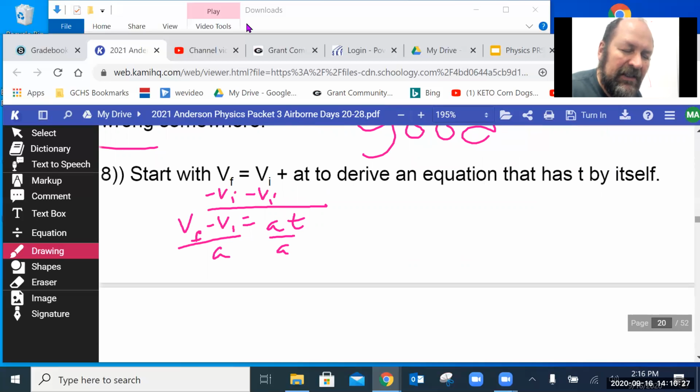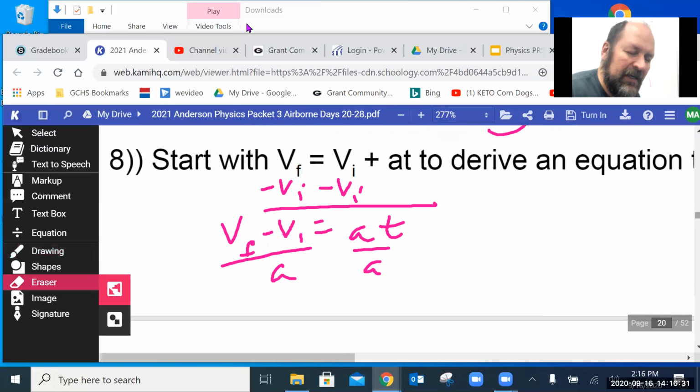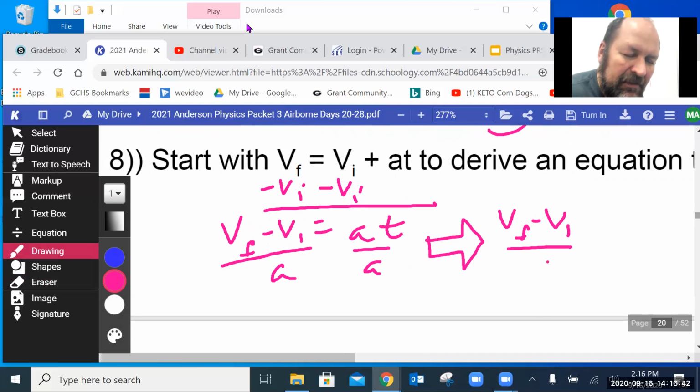Nope. It does not say to have the T on a certain side at all, so I can have it at any side I want. So we have VF minus VI divided by A is equal to T. And there's our final answer.